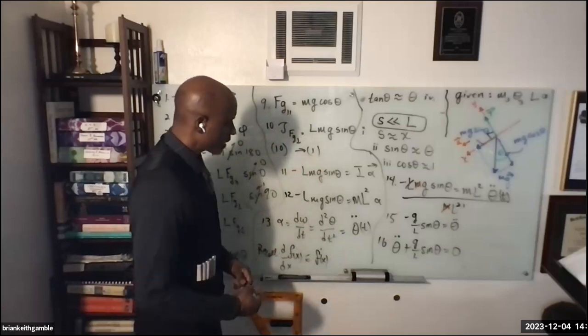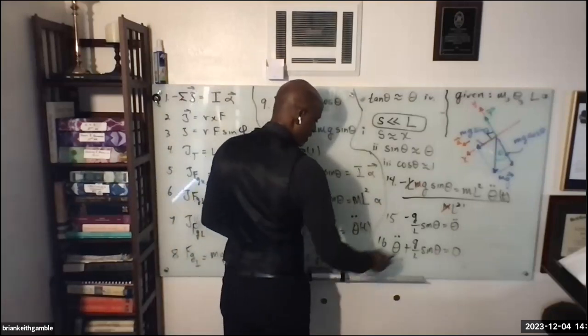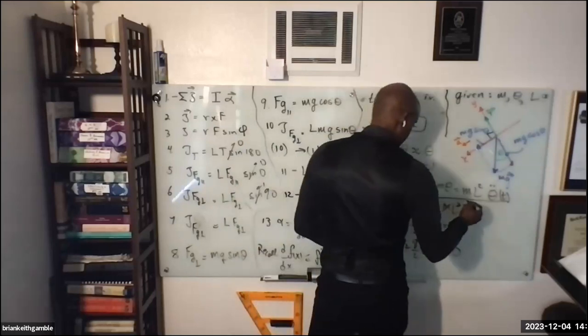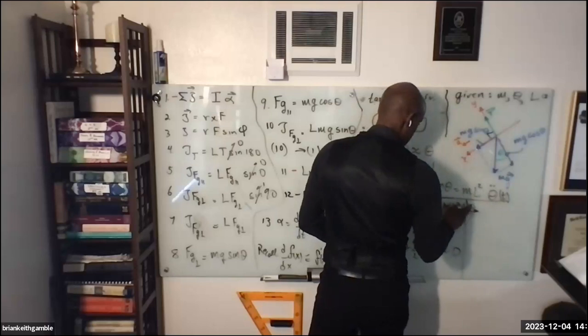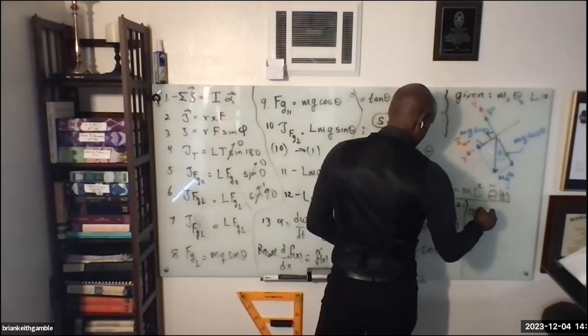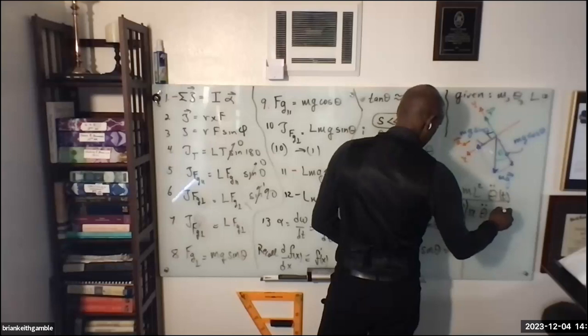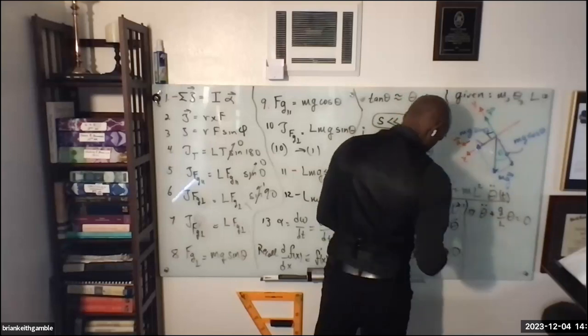So using the small angle approximation, we can substitute in that sine theta is approximately equal to theta, and this then reverts to the classic differential equation that defines simple harmonic motion, which is theta double dot plus g over L times theta equals 0.